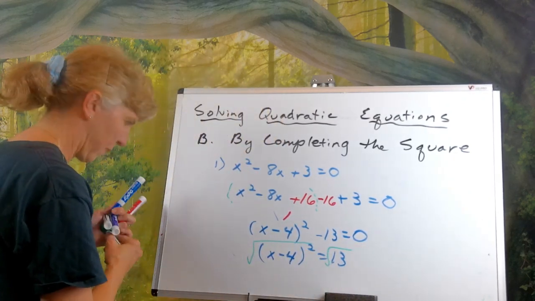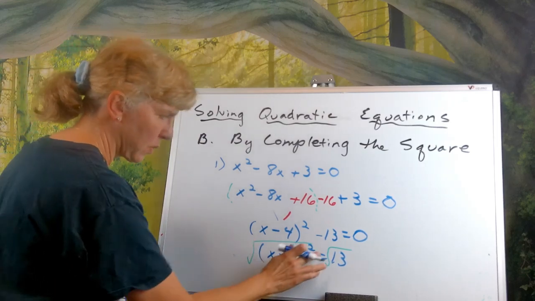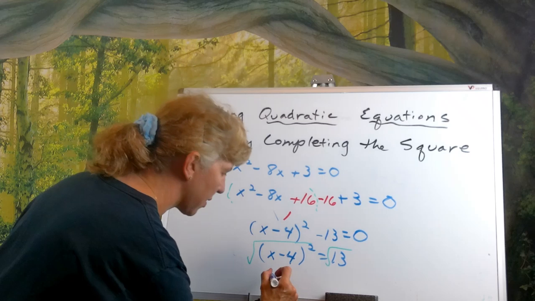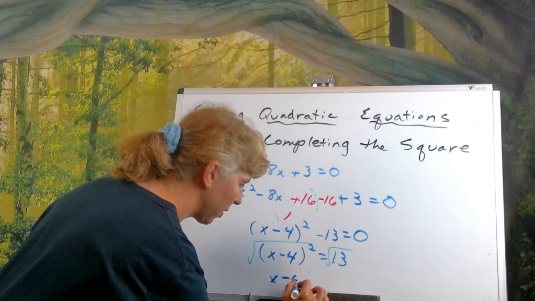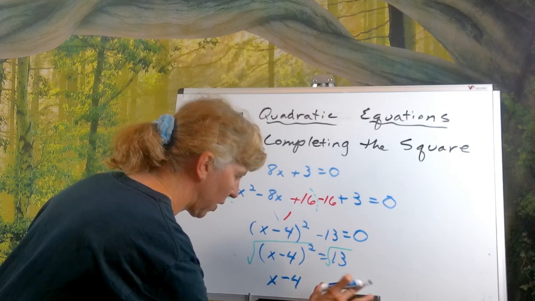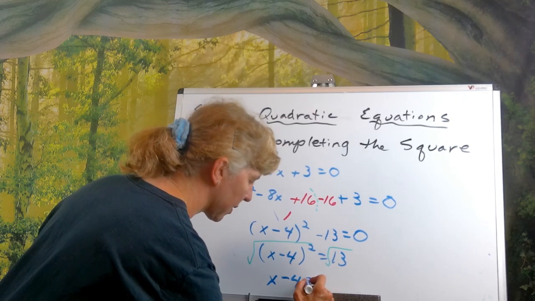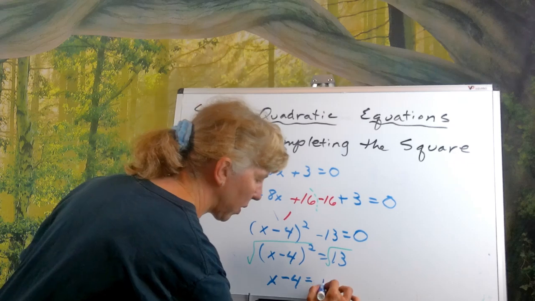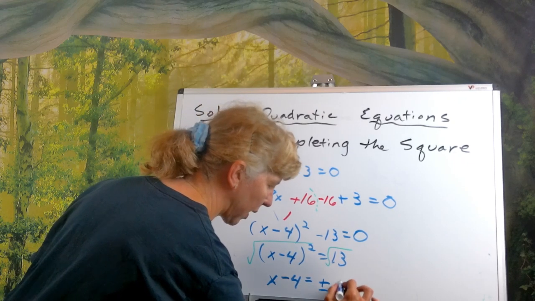I'll show you what I mean. All right, so the square root and square are inverse functions. They undo each other. And so I get x minus 4 on the left side. On the right side, I get the square root of 13. But I also have to worry about the positive and negative part to that.